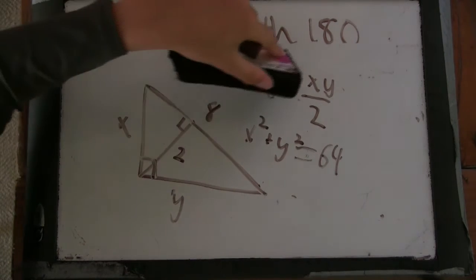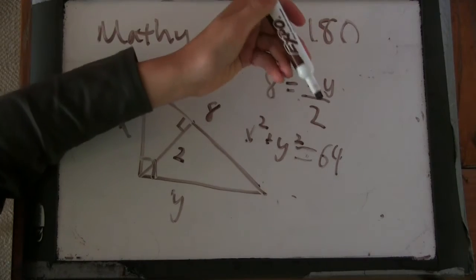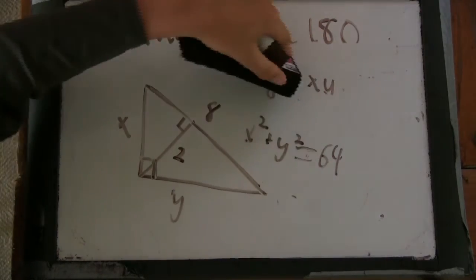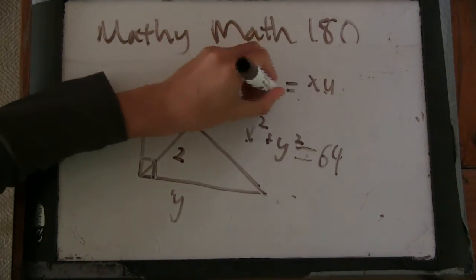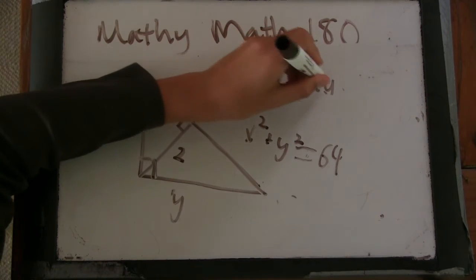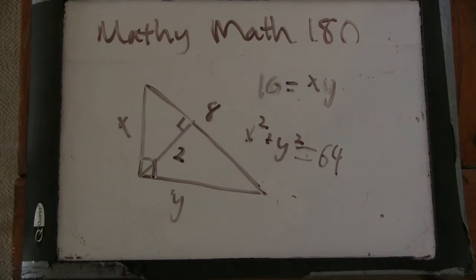So this says that x times y is 16. Okay, x times y is 16 and x squared plus y squared is 64. And what are you trying to solve for? X plus y. Okay, x plus y.